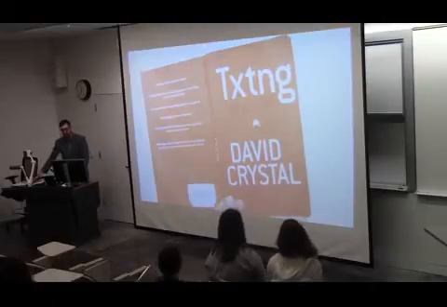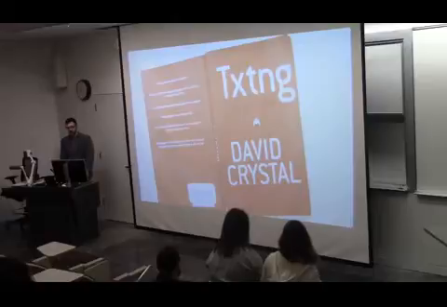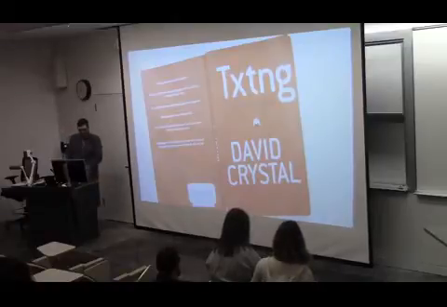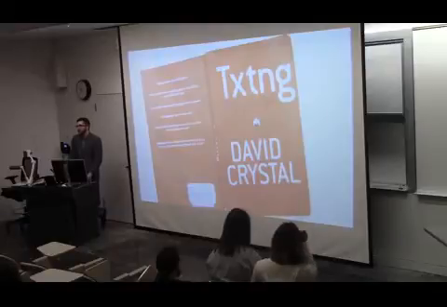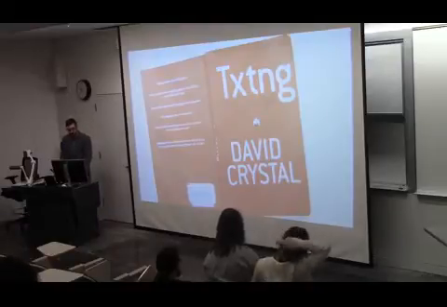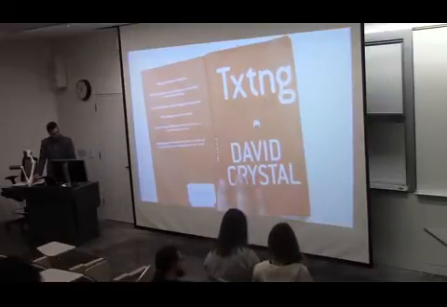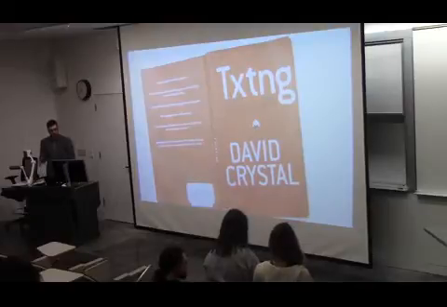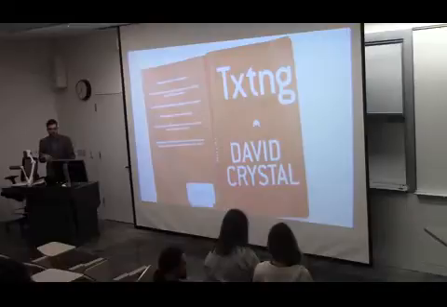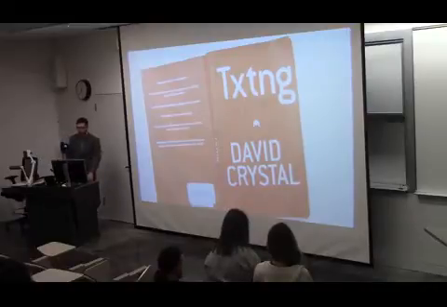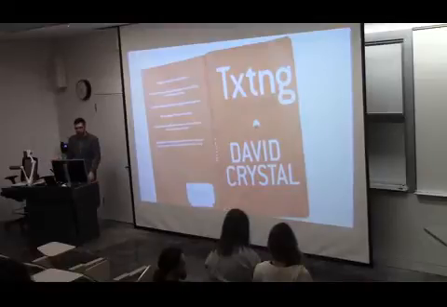David Crystal defines them as the use of single letters, numerals, and typographic symbols to represent words, parts of words, or even noises associated with actions. They can go from really short to really long, depending on how big they're getting and what they represent.